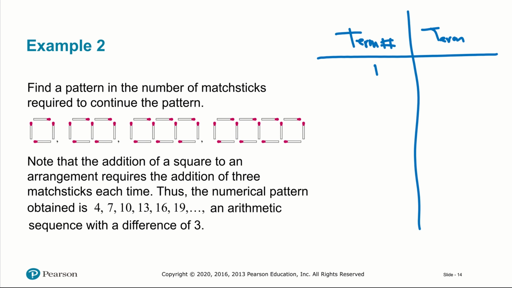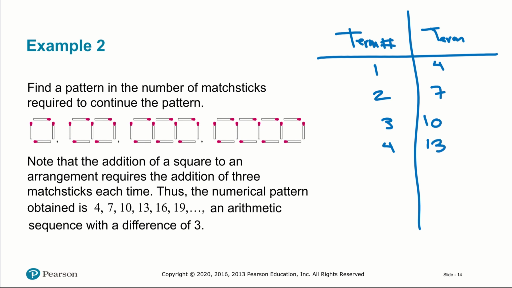Basically, we have 4 matchsticks, right? For the second one, we notice that we have 7, right? For the third one, if you count it, you'll see that it's 10. For the fourth one, we notice that we have 13.